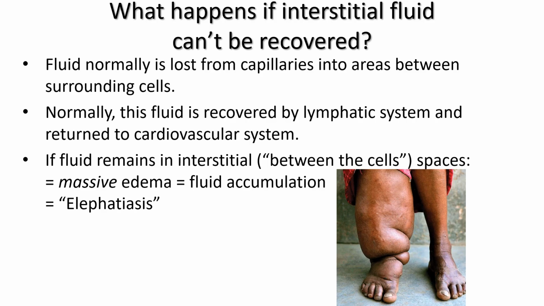Okay, and so what you can see on your screen here is someone who's dealing with elephantiasis, and you can see how this leg looks disfigured, okay, and very, very large, and this is due to a malfunction. There's a buildup of fluid within the interstitial spaces, okay.